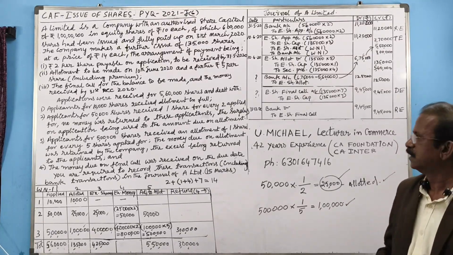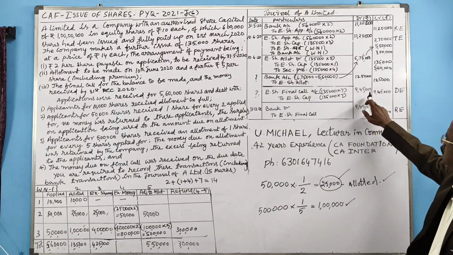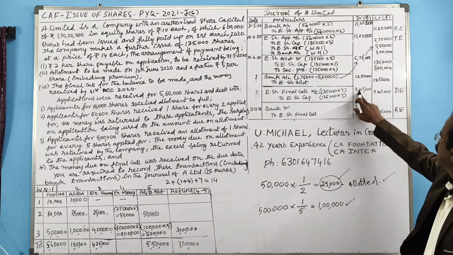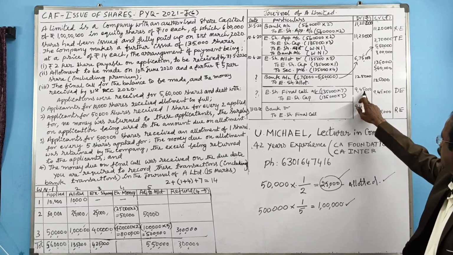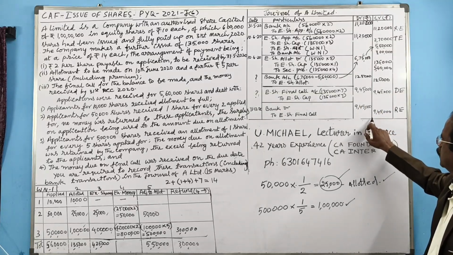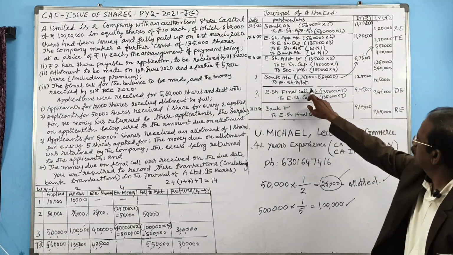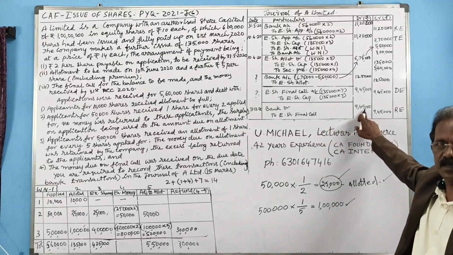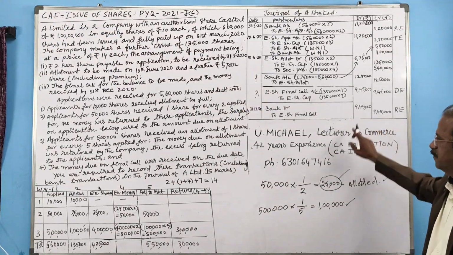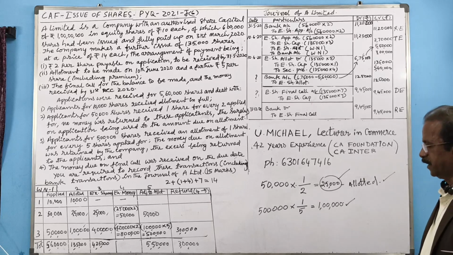Entire money means this amount, which is treated as an asset till now, is realized now, meaning we are receiving it. So this account should be credited and bank account should be debited because we are receiving the money. So this is the way you have to write the journal entries.